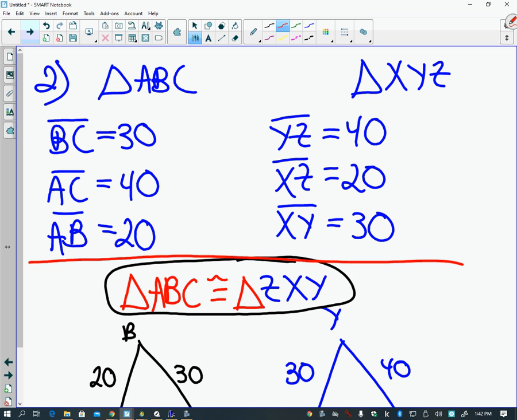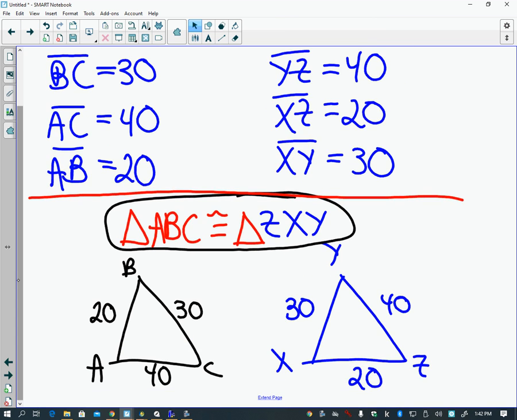Okay? But before we know for sure, we actually have to draw it. What we get when we draw it is something that looks like this. And what this question is asking you to do is, can you see what corresponds to what? Notice that A is between 20 and 40. X is between 30 and 20.